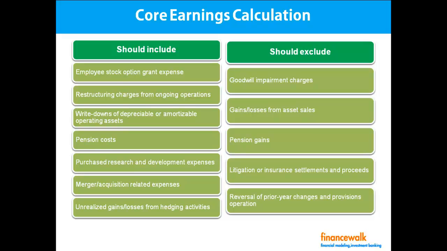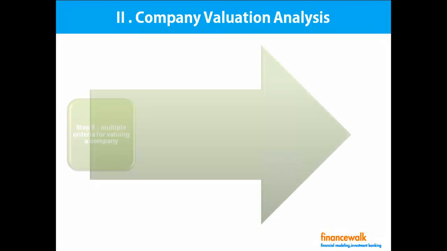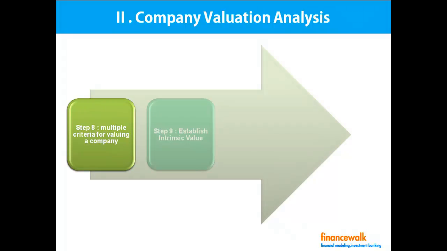After fundamental analysis, let's move to company valuation analysis. This is the second part in the equity research process. So let's see which steps this company valuation should have. The next step is that an analyst must use multiple criteria for valuing a company, including intrinsic value analysis. What is intrinsic value analysis? Which we have covered, that is DCF analysis.